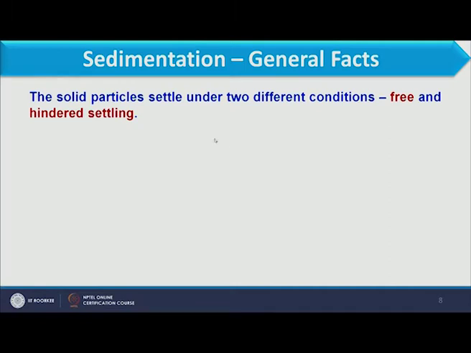Now, here we have the sedimentation general facts. The solid particles settle under two different conditions, free as well as hindered settling. So, when the particle settles in sedimentation, we have two conditions. First is free settling and second is hindered settling.